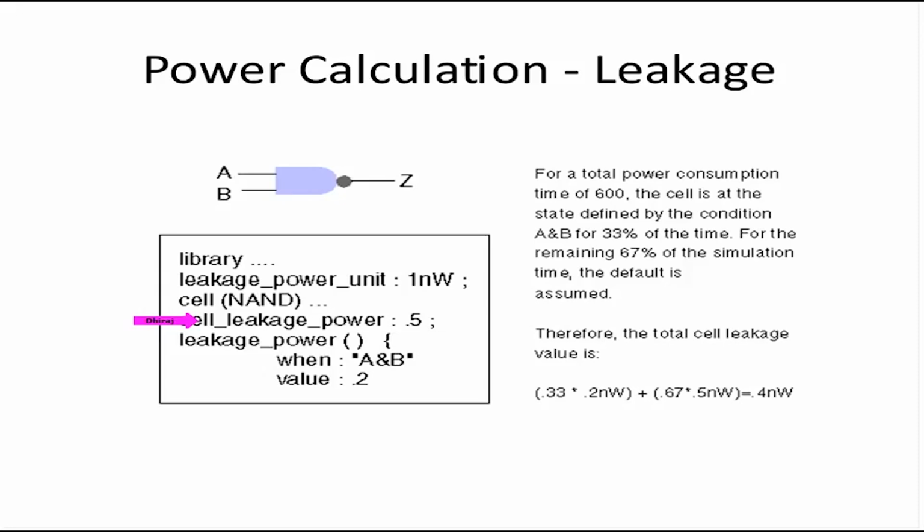Again, please note, leakage power does not depend on the switching. It does depend on the state of the signal. So for a state dependent leakage, if the state of A and B is 1, the power is different. If the state of A and B is something else, the power is different. It can be state dependent, but not switching dependent.